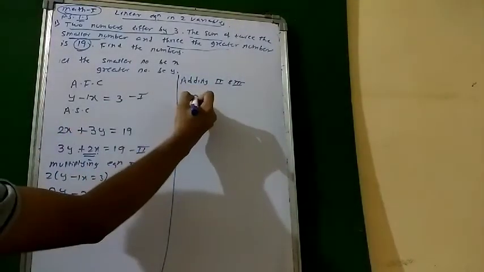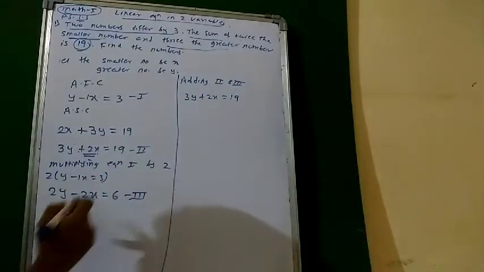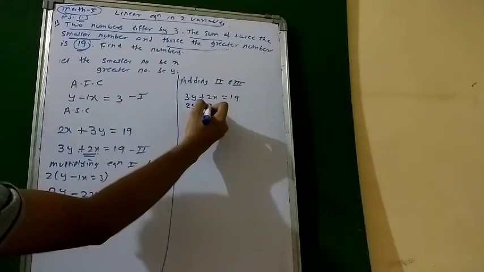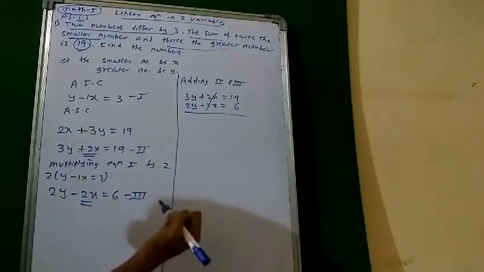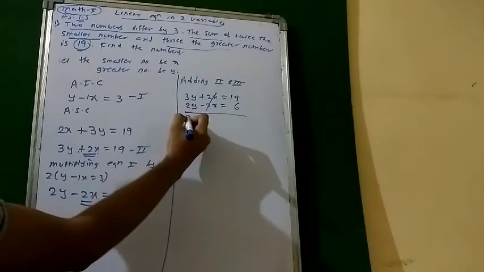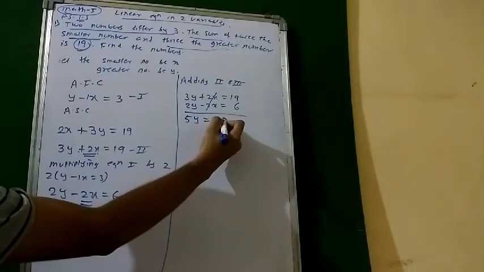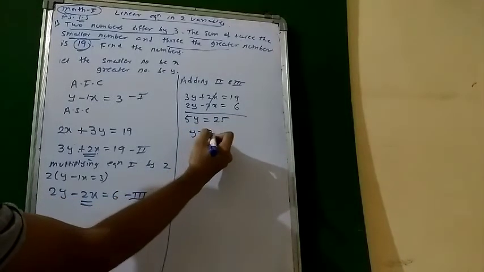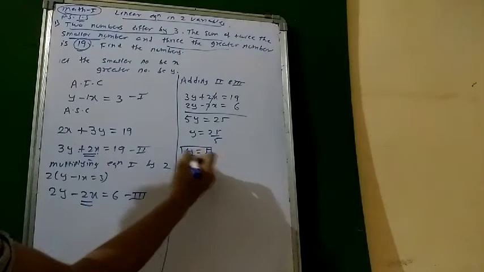We have 3y plus 2x is equal to 19. And what is 3? 2y minus 2x is equal to 6. And if I am adding it, this gets eliminated. 3 plus 2, we have 5y. 19 plus 6, we have 25. So y is equal to 25 upon 5. y is equal to 5.